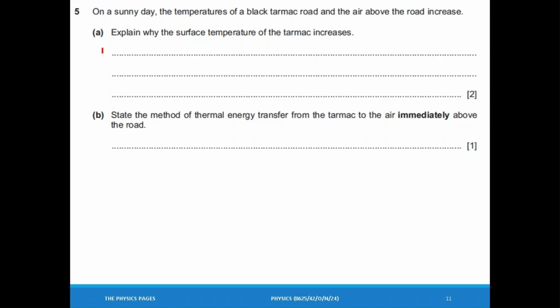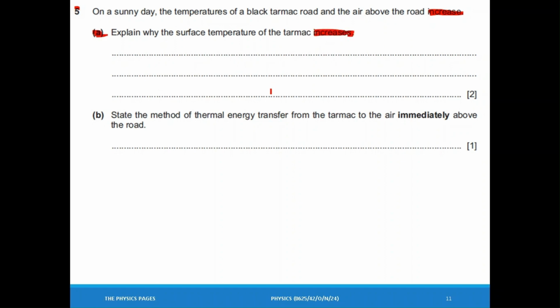Physics 0625, Paper 42, October-November 2024. Question number 5. On a sunny day, the temperature of a black tarmac road and the air above it both increase. Part A. Explain why the surface temperature of the tarmac increases.